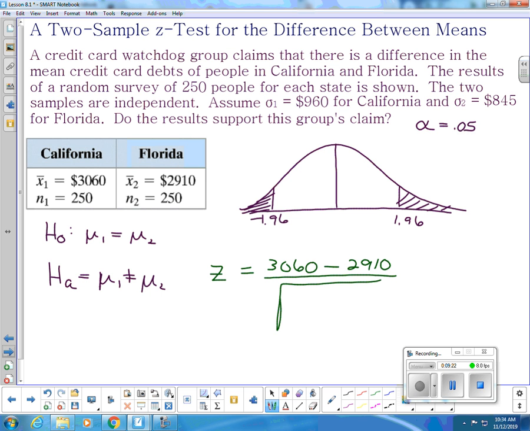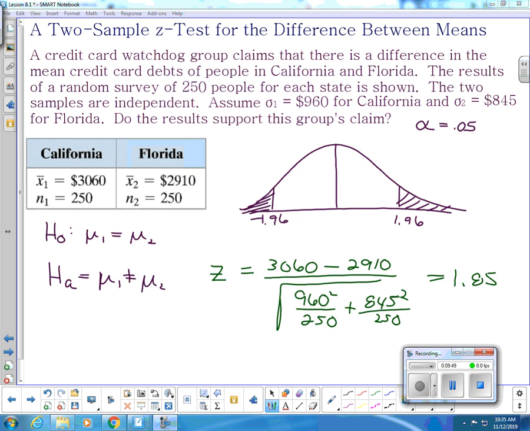Divided by the square root of the first standard deviation squared over the first sample size, which is 250, plus second standard deviation squared over the second sample size. Now get your calculators out, guys, because you can see there's going to be a lot of little things you're going to miss typing this in. See what you get. Okay, I got 1.85.